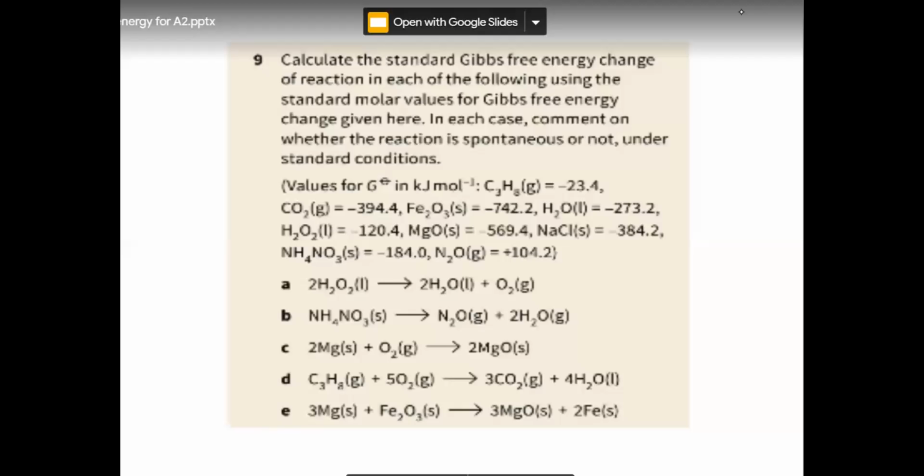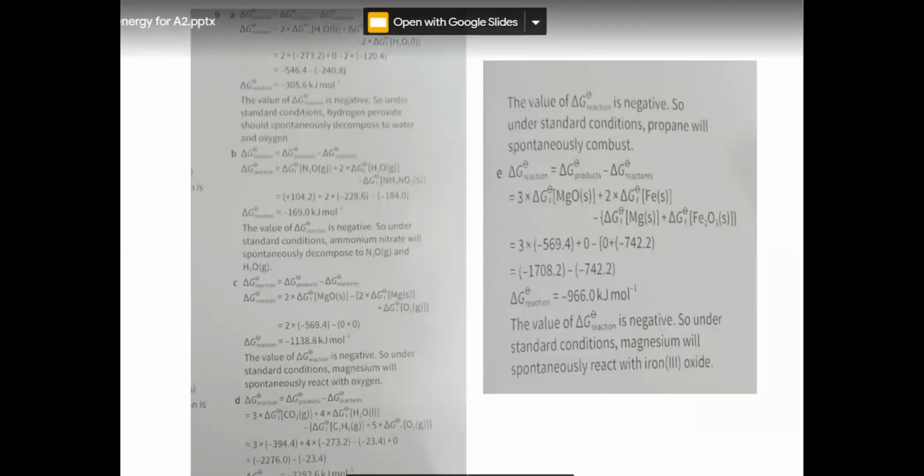Moving ahead, this is a question which has 5 parts. Kindly attempt all the 5 parts and tally your answers, which I'm showing on the next slide. These are the answers to your previous slides. Question number 1 has the answer minus 305.6 kilojoules per mole. The second one is positive 169.0 kilojoules per mole.